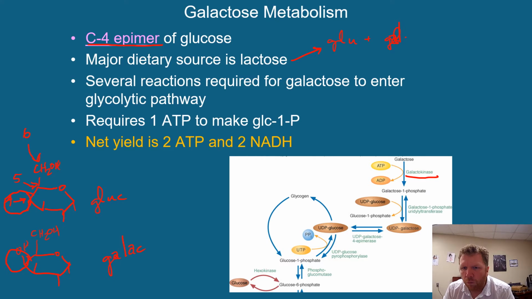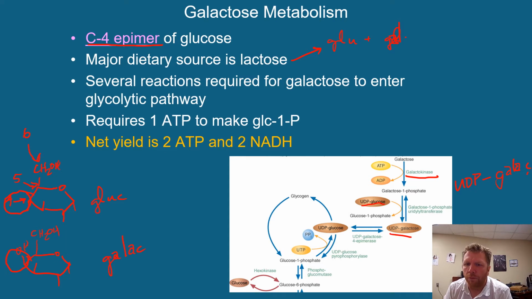Now, that galactose 1-phosphate is going to be acted upon in conjunction with a molecule known as UDP glucose. So this is a uridylation event. We're taking this UDP from glucose, and that's uridyl diphosphate, and that UDP is basically taking the place of that phosphate on galactose to make UDP galactose.